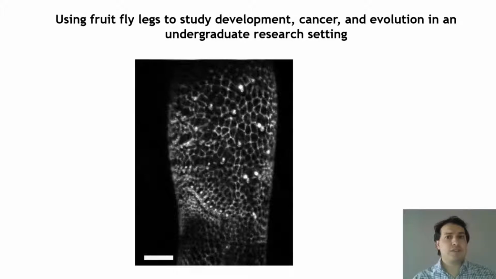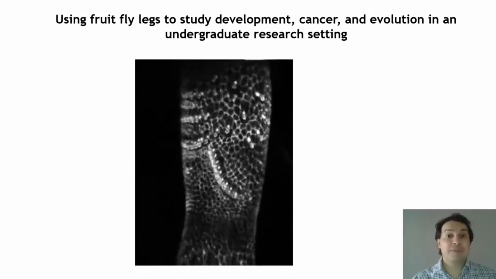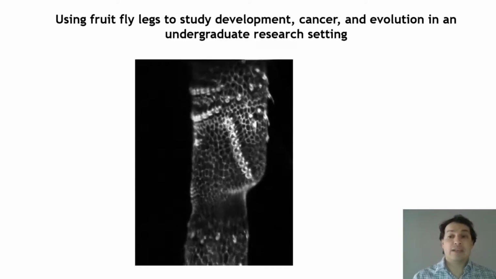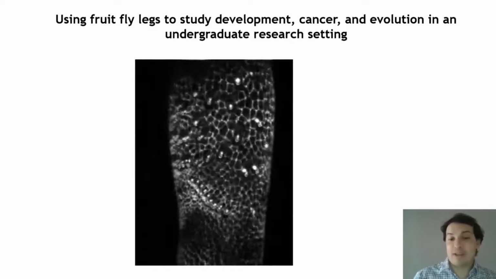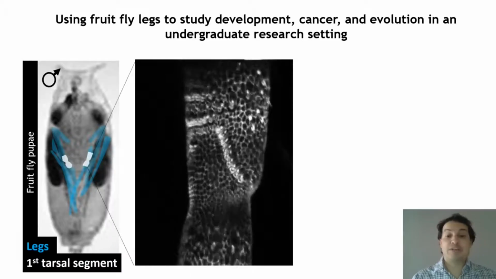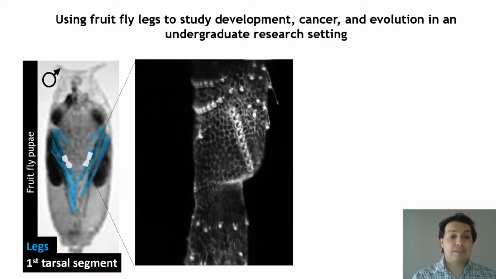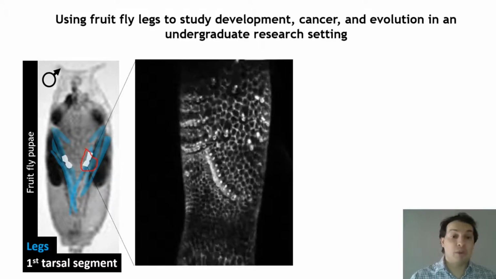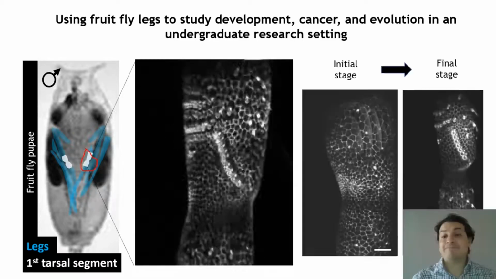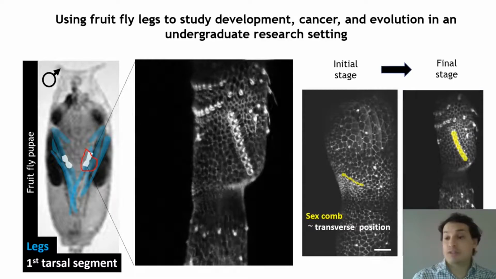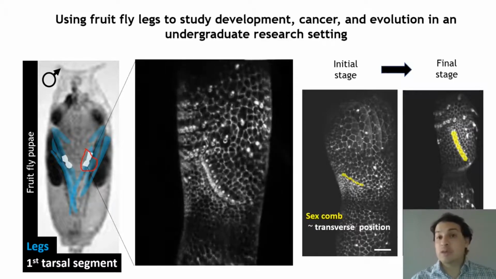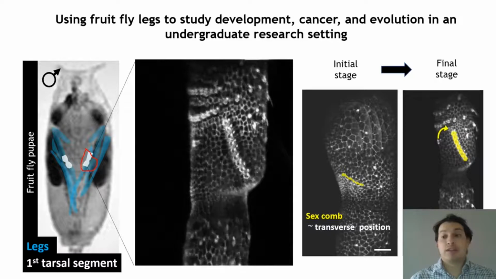Now I have shown you this time-lapse movie multiple times. Now I want to tell you a little bit more of what we do. So this is a time-lapse movie of a fruit fly leg, and the region that we are imaging is this very small region that is called the first dorsal segment. We are studying this row of cells in yellow that are changing in position, that are rotating.